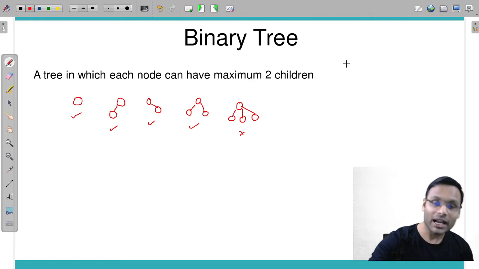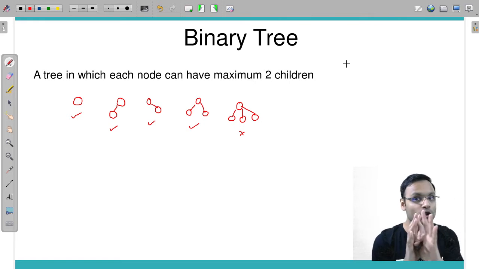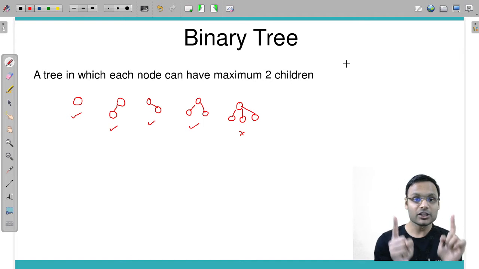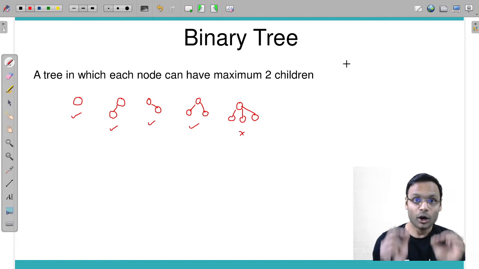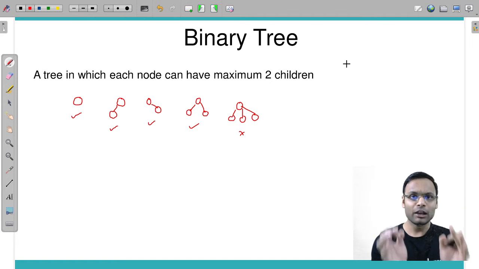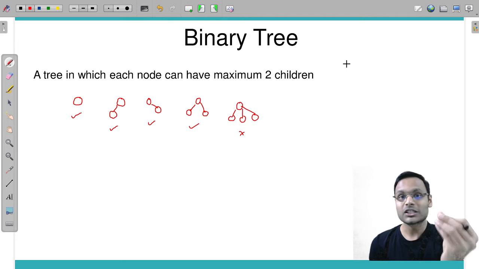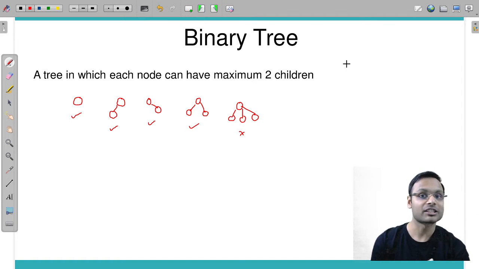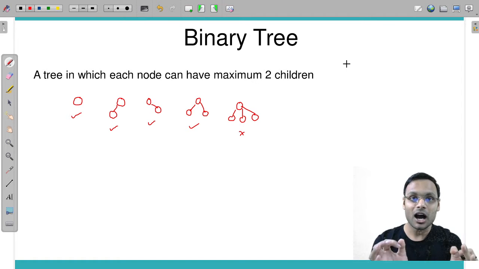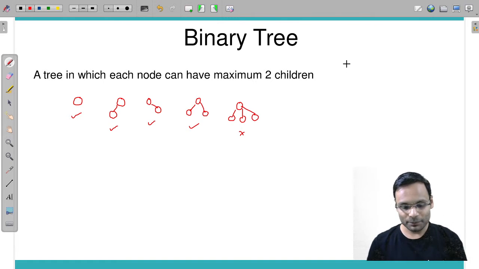Now, if you are having a binary tree, this is not the only restriction, that every node has maximum 2 children. One more restriction is there. If we have any node with a child, then we need to explicitly specify which side the child is on, left or right. You have to state separately whether the child is a left child or a right child.